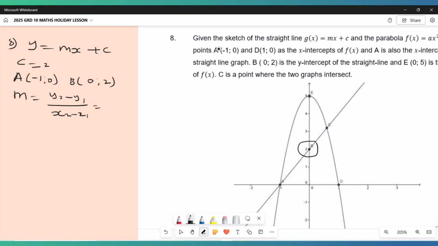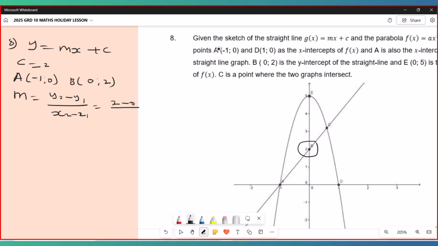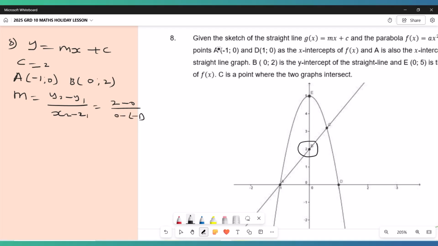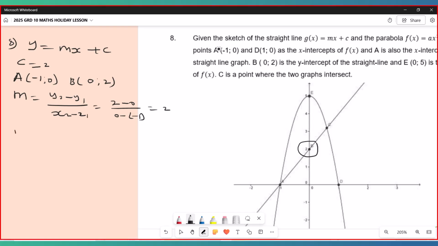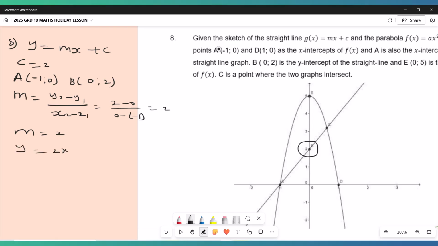That is 2 minus 0 divided by 0 minus minus 1, which gives us 2. So therefore our m is 2, and our line equation becomes y equals 2x plus 2.